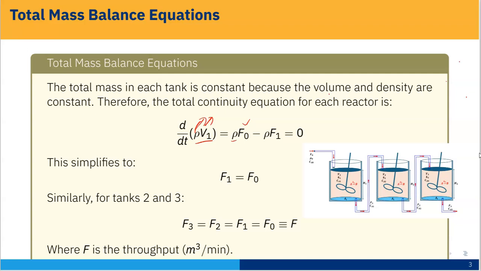So ρF0 minus ρF1 is 0, and from that F1 is equal to F0. Similarly for tank 2 and tank 3, F3 is equal to F2 is equal to F1 is equal to F0, that is F. Here F is the throughput and the unit is cubic meter per minute.